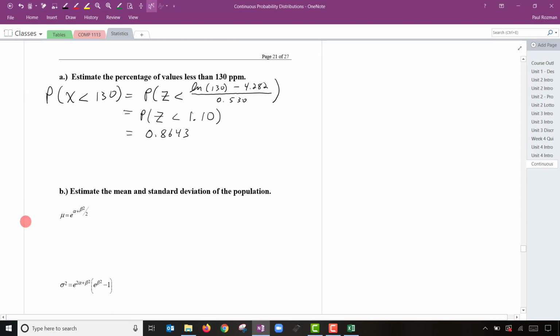We can estimate the mean and standard deviation now with our alpha and beta. Again, these are just sort of plug and chug type things. Our alpha was 4.282. Our beta was 0.53. I get 83.3 ppm.